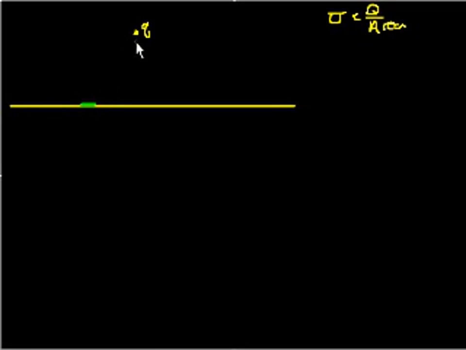Well, first of all, let's say that this point charge is at a height h above the plate. So let me draw that. This is a height h. And let's say this is the point directly below the point charge. And let's say that this distance right here is r.